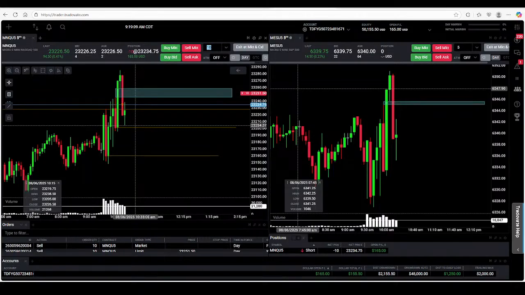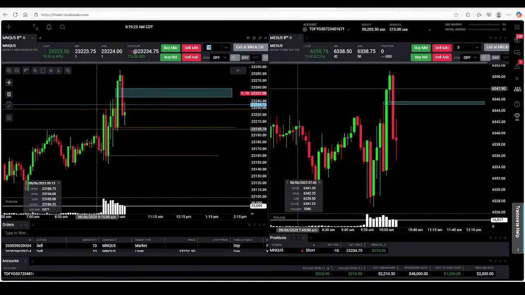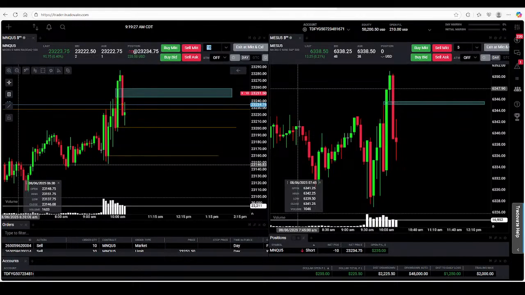We did not quite get to 30. Well, we might have actually got basically right to 30, which would have put me right at a 2R. But we're going to look for this break below. This will be my first target for some take profit.